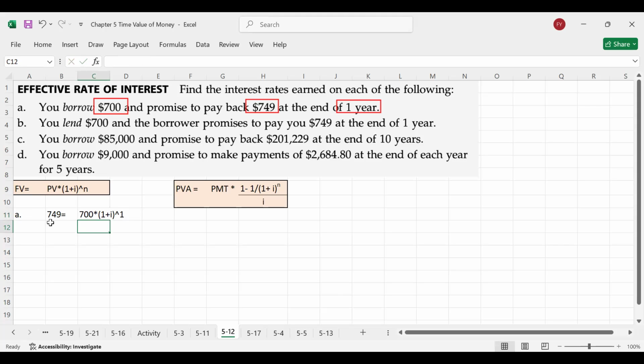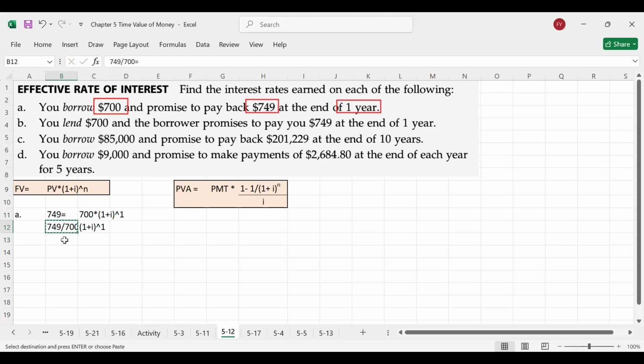So when we divide both sides by 700, we have 749 divided by 700 on one side, and on the other side 1 plus I raised to the power of just 1.